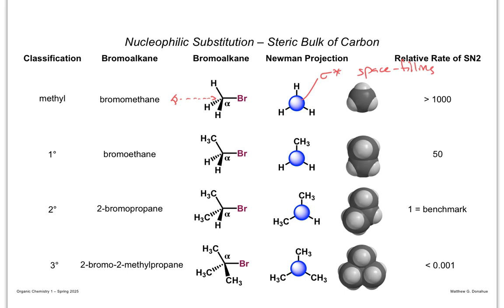And then the last column is showing you secondary being a benchmark rate of 1. A primary will react 50 times faster, and a methyl group 1,000 times faster. The tertiary rate is so slow, it's not appreciable, and again, it happens through a different mechanism.